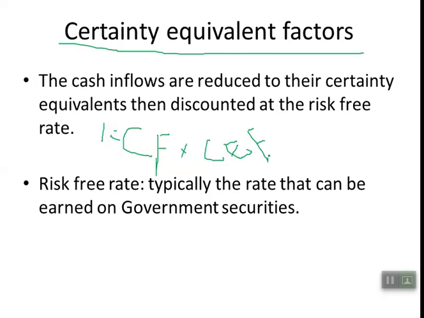In that case, you are adjusting the risk in the cash flows. Once you finish adjusting, you discount the cash flows using a risk-free rate. A risk-free rate in normal cases is the rate on government securities. The rate on treasury bills or the rate on government bonds is recognized as a risk-free rate.